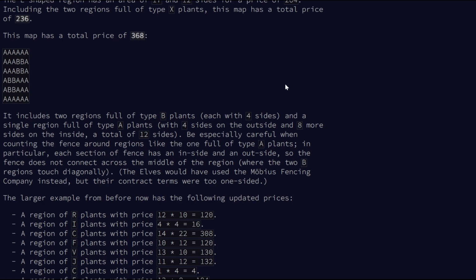Each section of a fence has an inside and an outside. So the fence does not connect across the middle of the region, where they would touch diagonally." Okay, so that's what I was worried about.